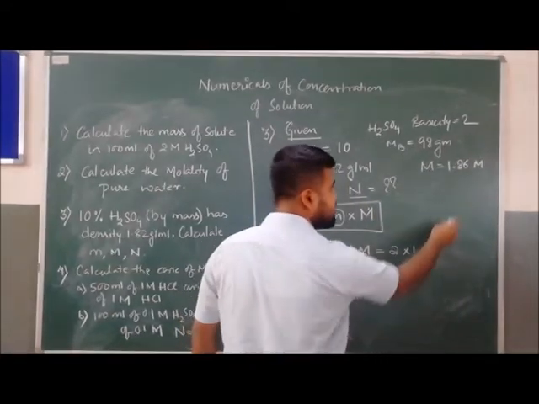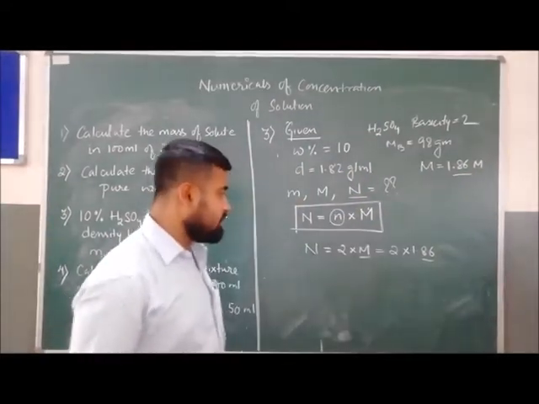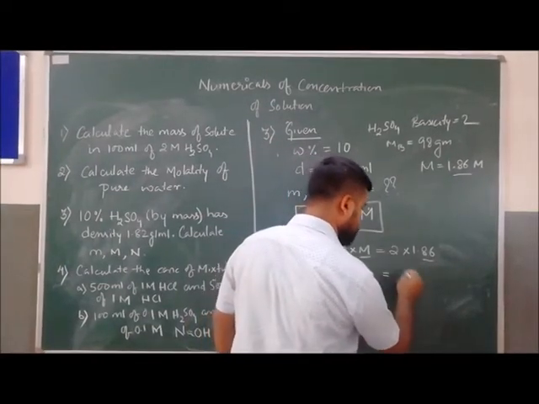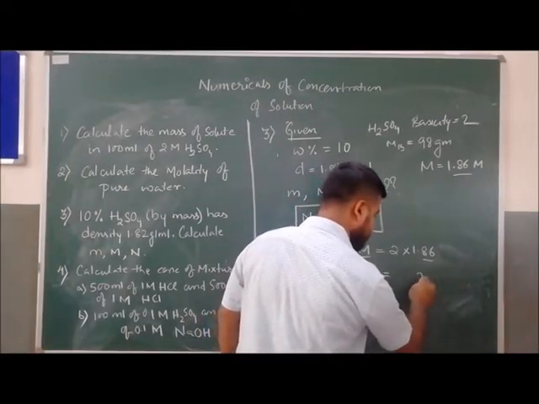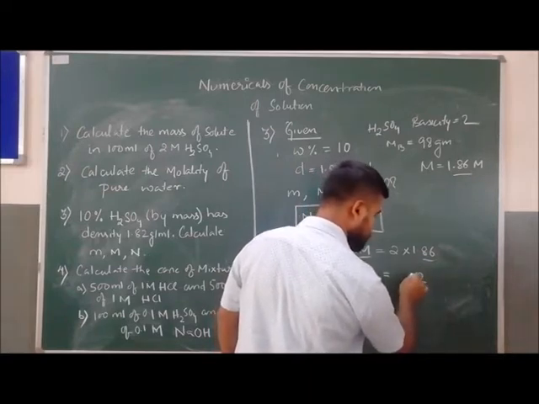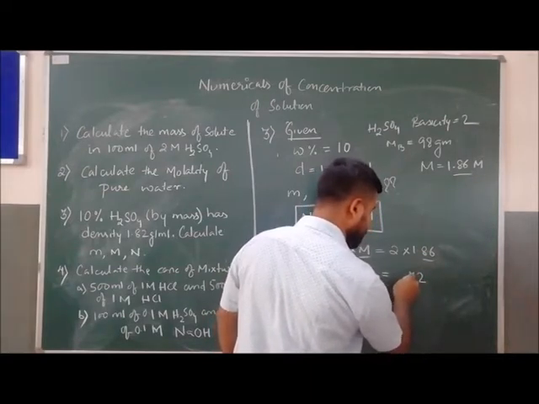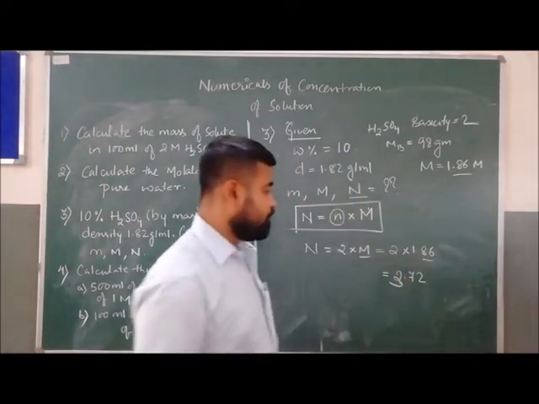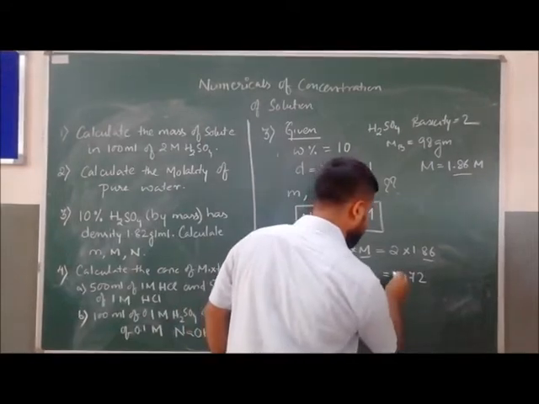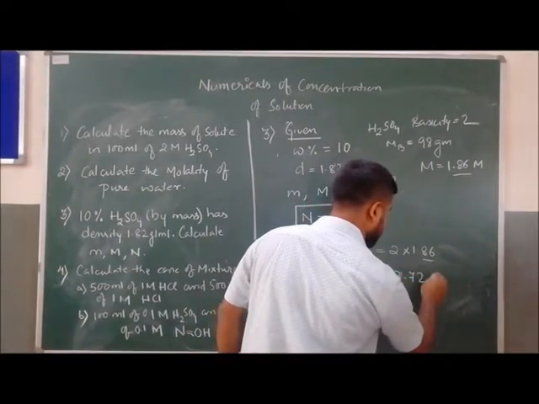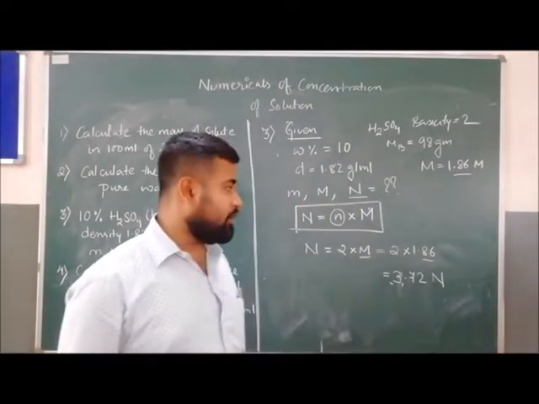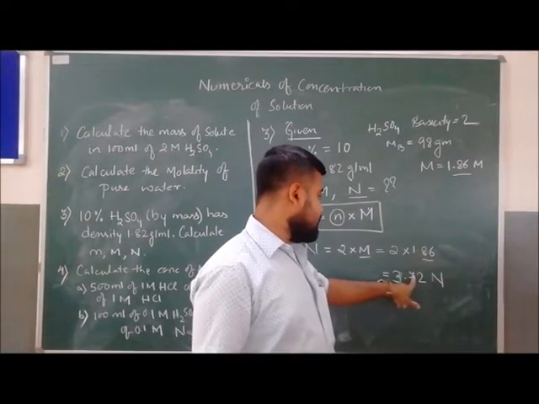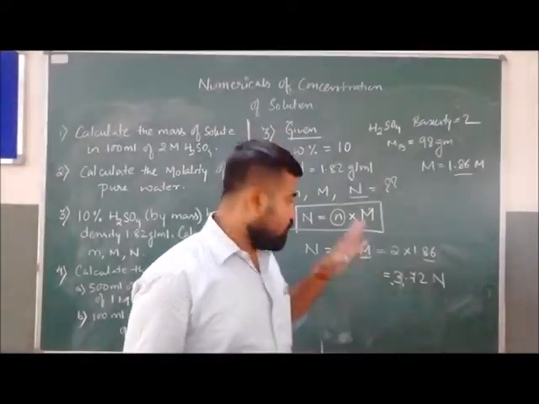Because molarity is 1.86. So 2 into 1.86, the answer will come 3.72 normal. 2 6s are 12, carry 1, 2 8s are 16, 17, carry 1, 3.72 normal.